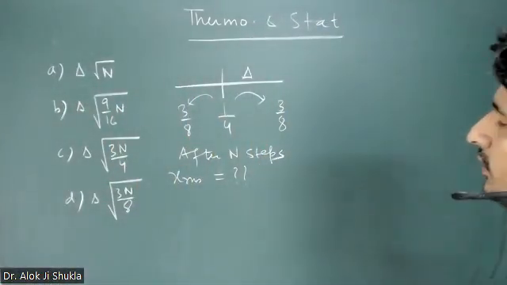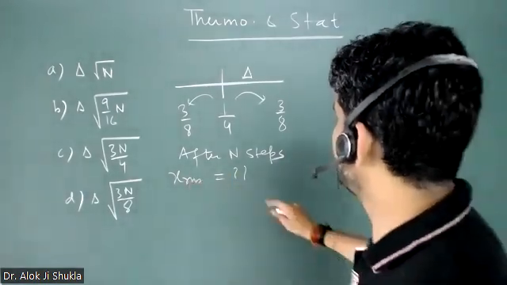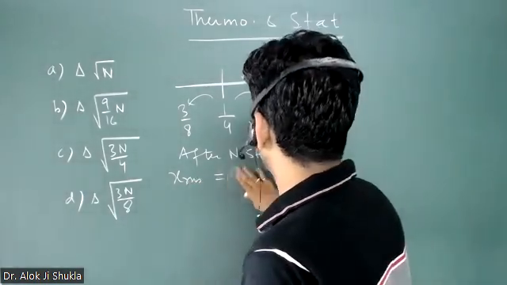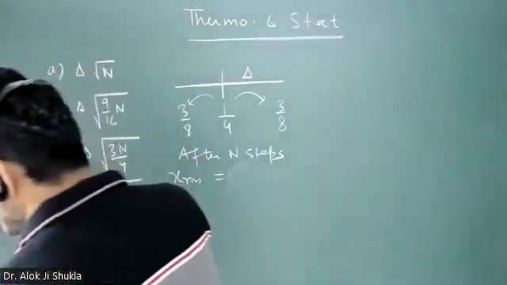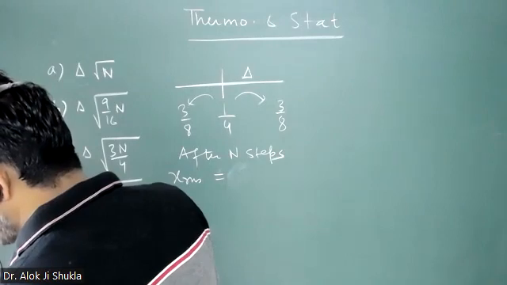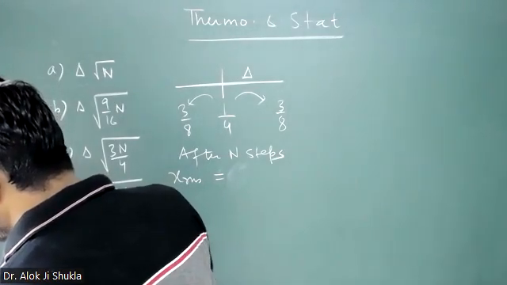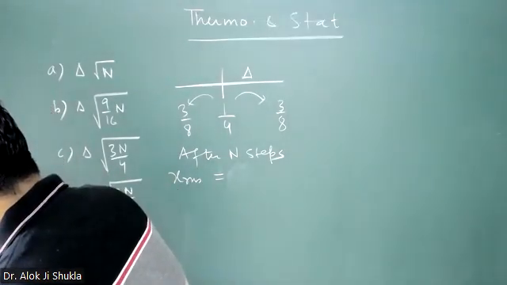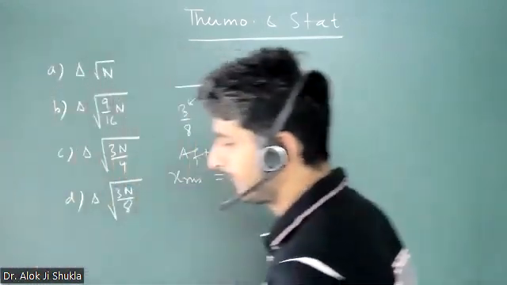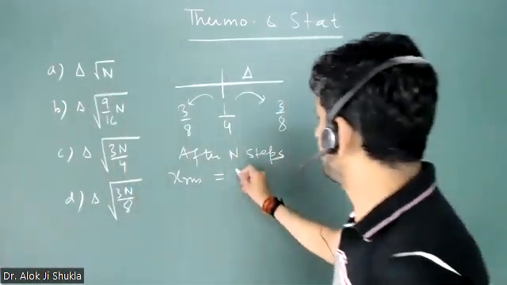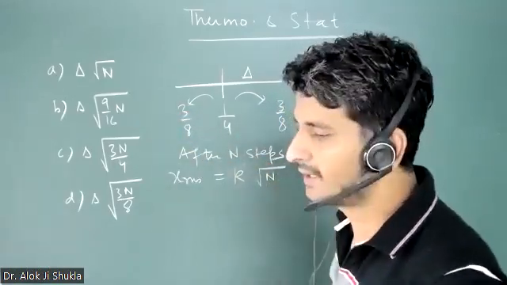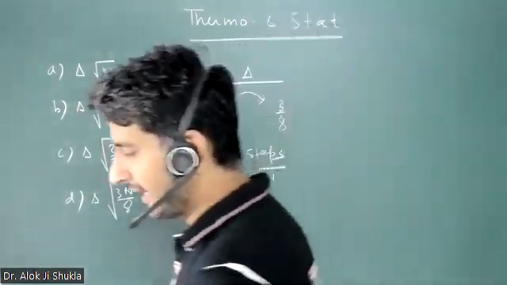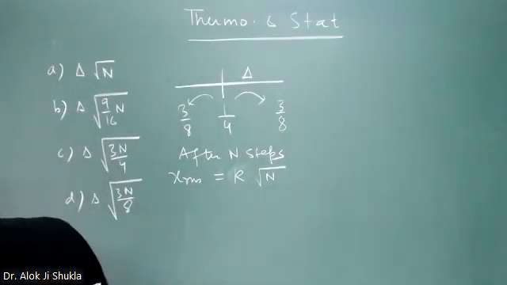Okay, so this is the x RMS. In every quantity you see there is under root n. Can you see that in all of the options? Yes. So I can put it equal to k under root n, because in every option under root n is there. So x RMS is like this.